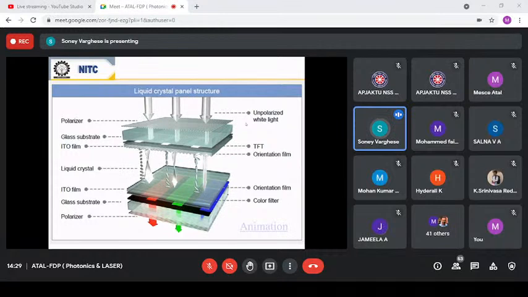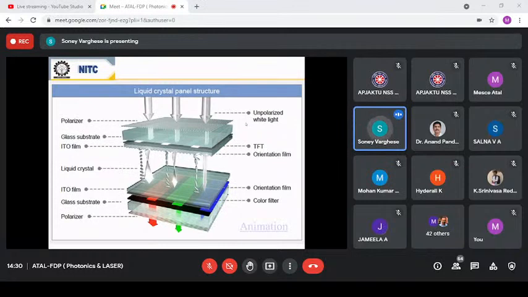So it is actually an LED LCD display. People will be confused. When you go to the shop, they will say, you can buy an LED display. Nobody will say LCD display, because what LED means is only the backlight.